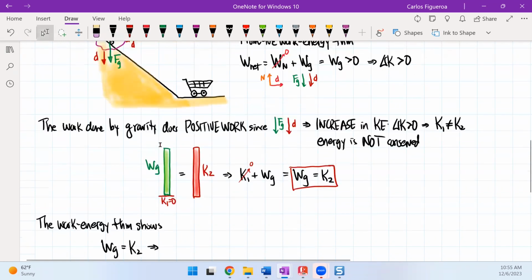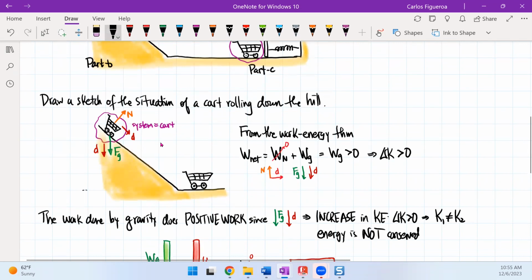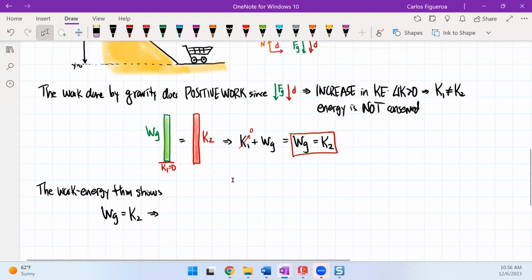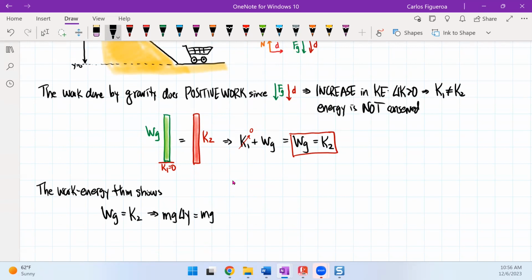So now, if you come back over here to this picture, if I set this to be equal to 0, you can see here that there is a height change of this cart going downwards. So this has to be mg times delta y, which I'm going to write as mg times y1 minus 0. That has to equal 1/2 m v2 squared.